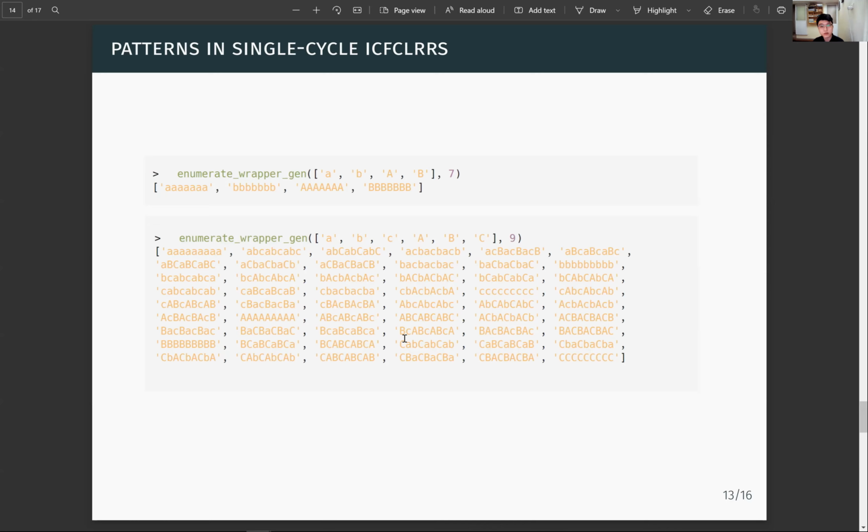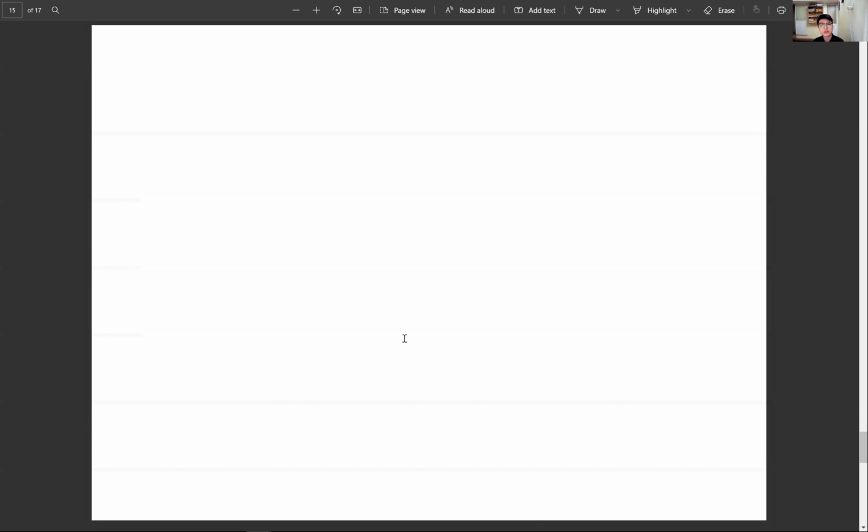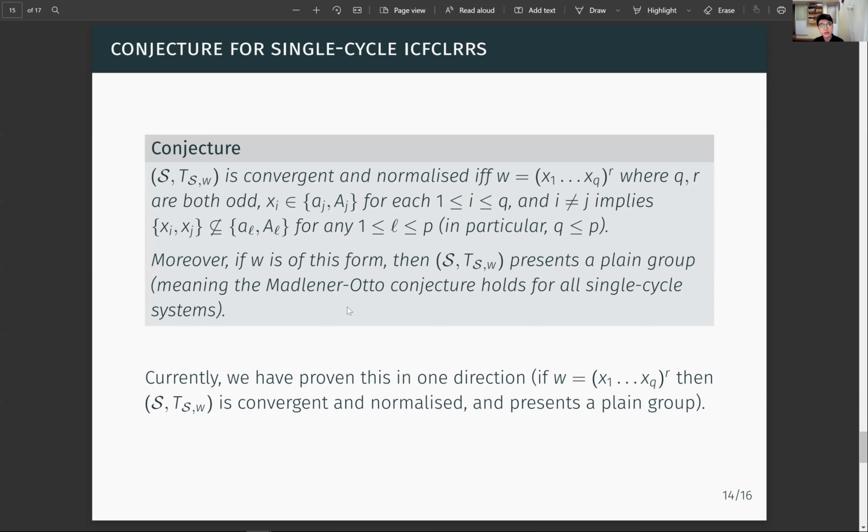From this, we have made a conjecture that the writing system ST is convergent and normalized if and only if the seed word W is of the form (x1 to xq)^r, where q and r are both odd numbers, and each xi is in the alphabet S, and this implies that each letter is different from each other.